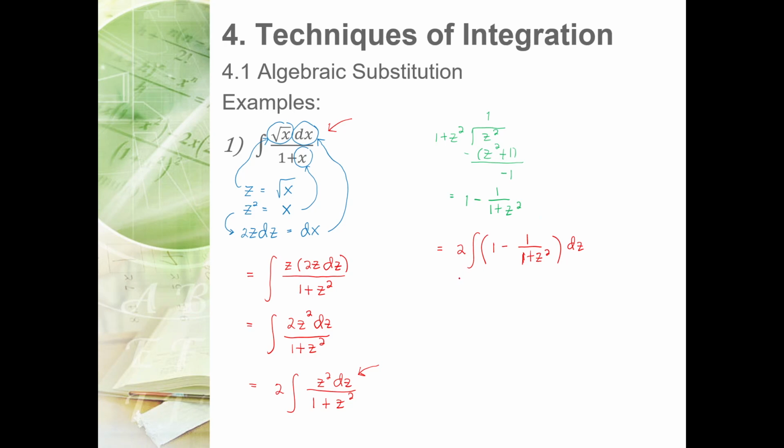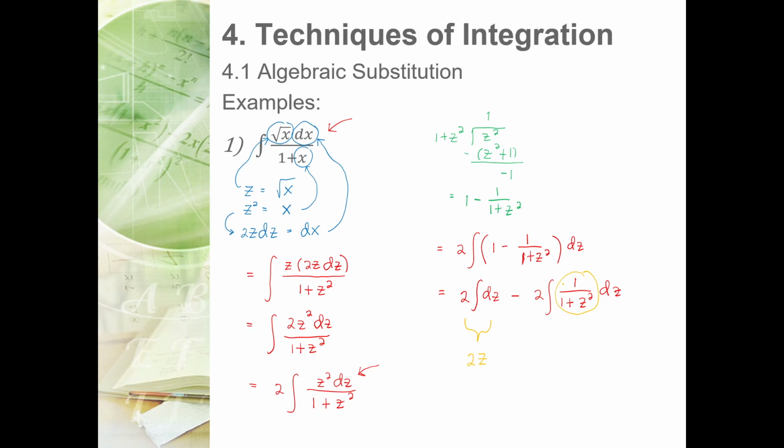Okay, if we separate the two terms, that's 2 integral of dz minus 2 integral of 1 all over 1 plus z squared dz. Notice that in the first term, it gives us the integral of z. So we have 2z. In the second integral, notice that we have this format.